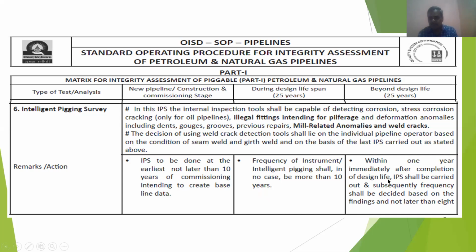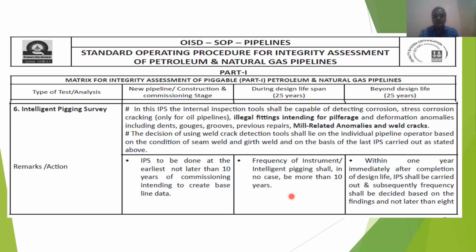Within 1 year, immediately after completion of design life, IPS shall be carried out. Subsequently, frequency shall be decided based on the findings. Now what it says is, during the design period, maybe the pipeline is for 25 years, you do it not more than 10 years apart.